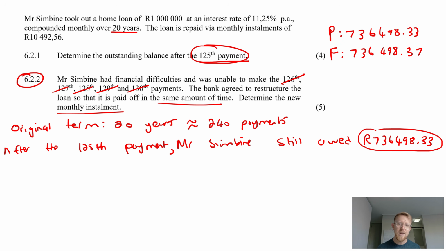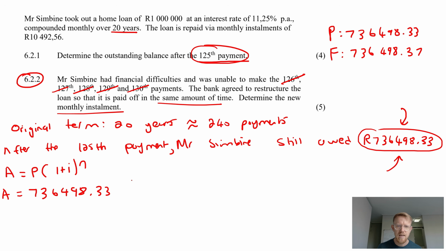And so we need to go and see what the new outstanding balance is going to be because he missed 5 months. So you can simply go and use this formula over here, and you can simply go and calculate what the new outstanding balance is going to become because he missed 5 payments. Remember that the loan is always going to keep growing.